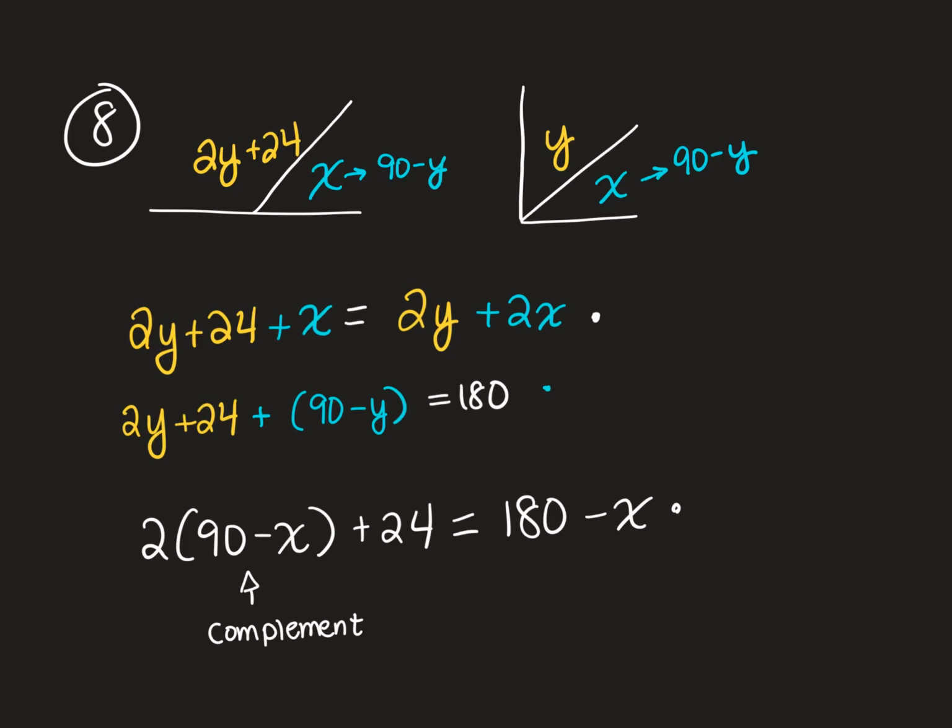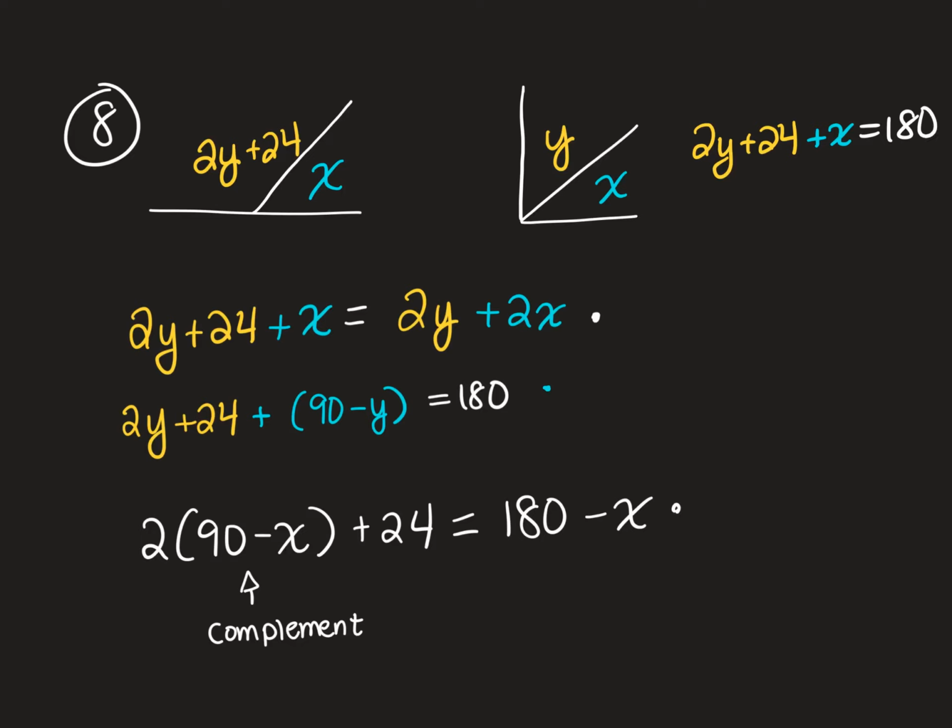Probably what I would have done, and I think what I would have done is probably going to make things harder than what you guys would have done, is I would have set up a system of equations. I think you guys all came up with ways that'll get you a solution much faster, or actually you sort of set up a system of equations, but really skipped that step. I would have taken 2y plus 24 plus x, and I would have said that's 180 degrees.